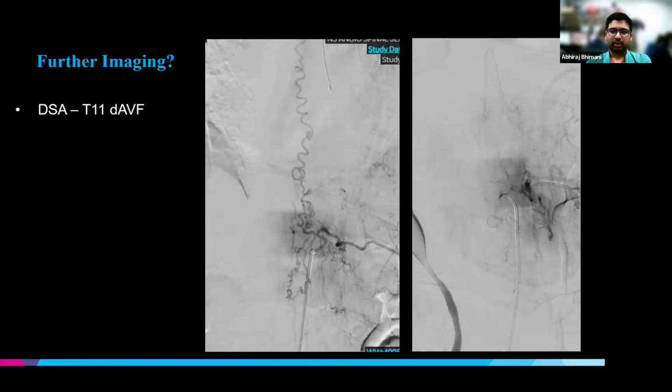And as Ansley mentioned, you can really see the venous engorgement due to the fistula and the arterial venous connection, causing the edema and the acute progressive weakness of the patient.